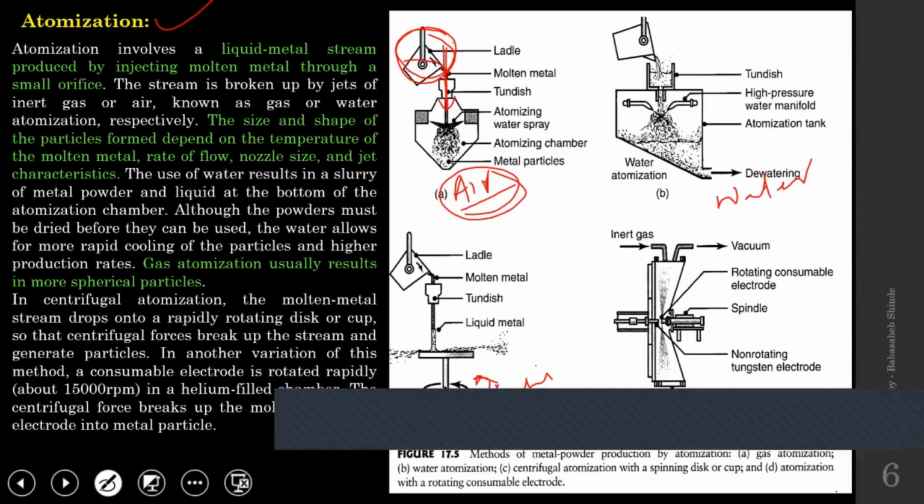When the molten metal flows down and reaches this region, an arrangement is made through which a high pressurized air jet impacts the flow of molten metal.